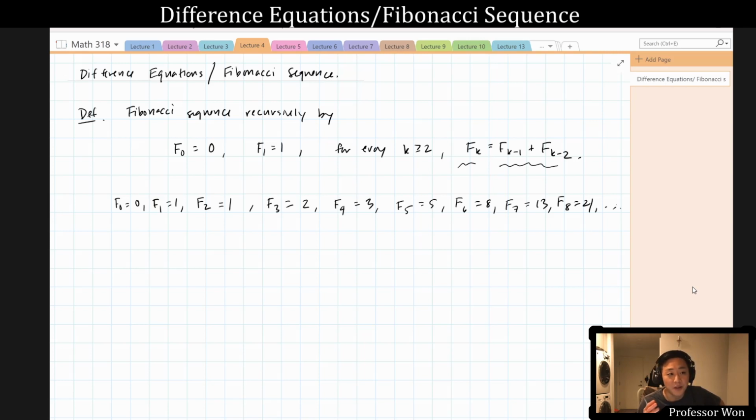Let's assume, by the way, that our rabbits reproduce once a month, and it takes 1 month to get to reproductive maturity, and let's assume that our rabbits never die. Okay, so if you start with one pair of rabbits, a male and a female, then at the end of the first month, there's still one pair of rabbits because they've now reached reproductive maturity, and then they reproduce, right?